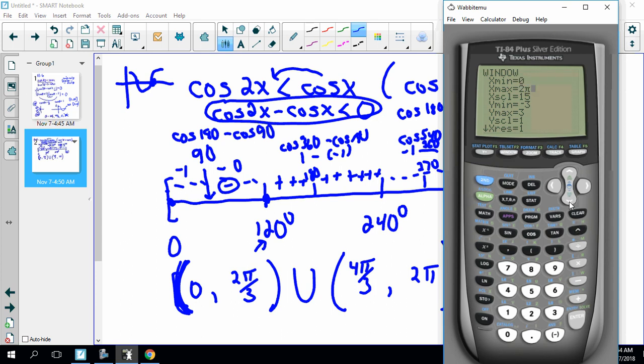I like going every 15 degrees, and 30 degrees is pi over 6. So I like going pi over 12 ticks. Oops, it helped if you go divided by 12. Oh, actually both of these are between negative 1 and 1. So when you subtract them, the 3's will work. Graph. So there's your graphs.